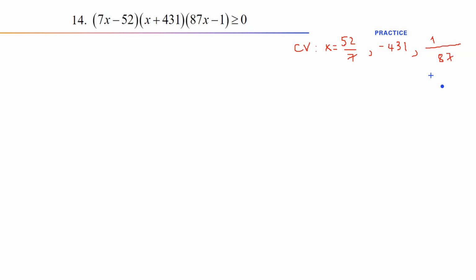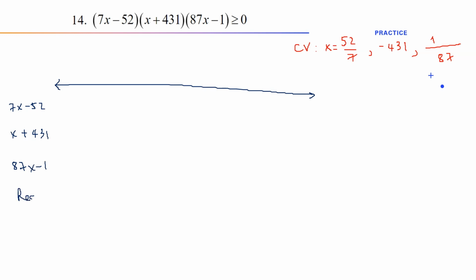Alright, now how do we know which one is greater than another one, how do we compare them and put them on the number line, right? So let's draw the number line first. And the factors: 7x minus 52, we have x plus 431, we have 87x minus 1, and then the result.